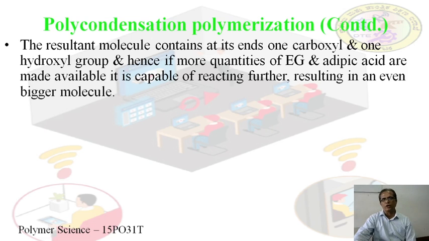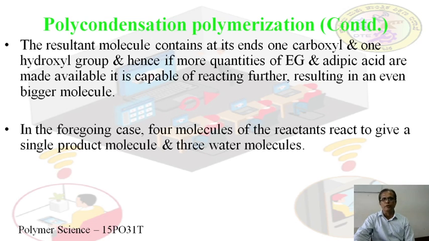The resultant molecule will contain again one carboxyl group and one hydroxyl group. If you add more ethylene glycol and adipic acid, then again the reaction will continue further, and a bigger molecule is going to form.